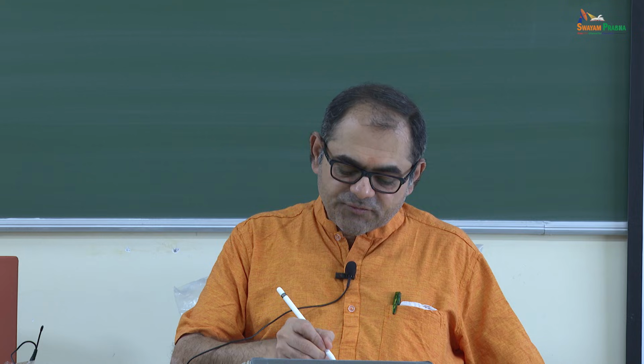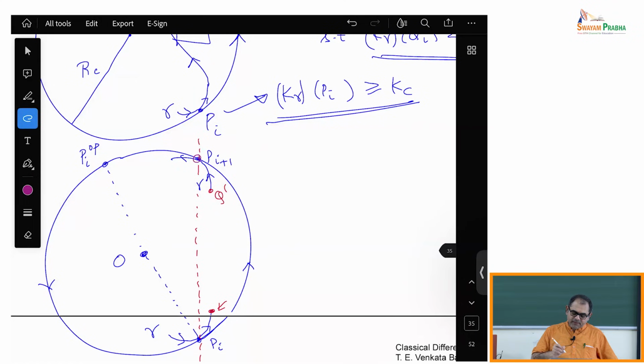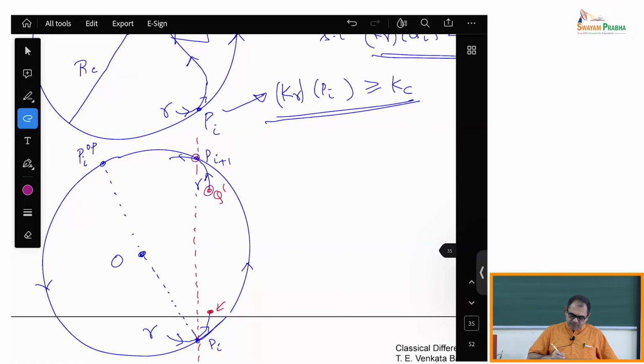Given any such point q, what you do is that you draw this circle passing through pi plus 1, q prime and pi. And mind you, take care to choose the q prime not to be on the chord joining pi and pi plus 1. All right. Such a point should exist.